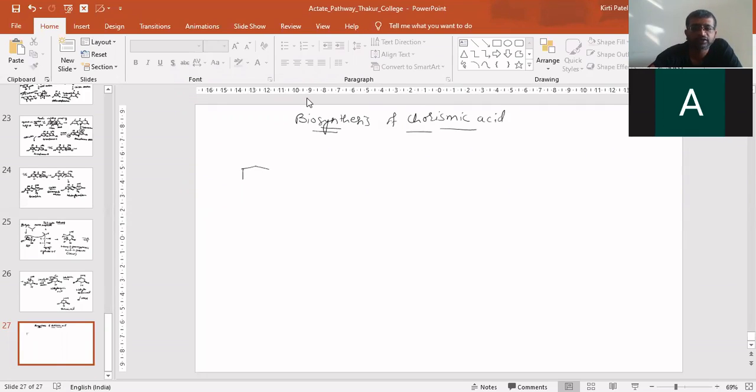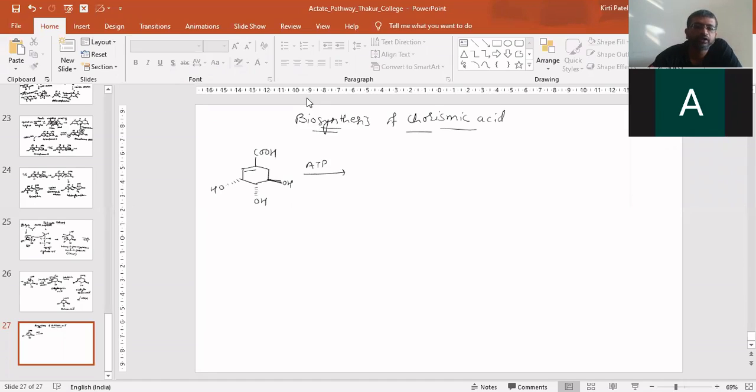Shikimic acid has a structure that is a six-membered ring. This undergoes phosphorylation by using ATP molecule, adenosine triphosphate.